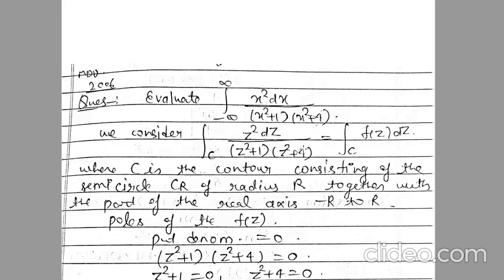So first we consider this function as the integral over C of z square dz upon (z square plus 1)(z square plus 4).